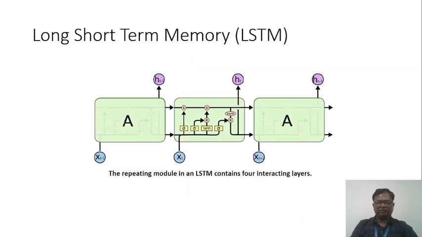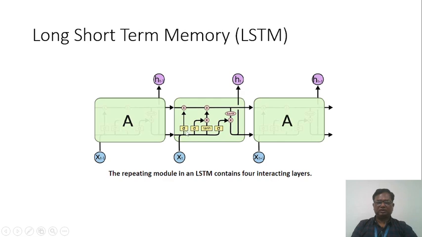In LSTM, we have 4 interacting layers. So you have your previous activation, this is your next activation. If this is your x of t, the previous is x t minus 1, this is x t plus 1. So the repeated hidden layer you have here. Here 4 different parts are there.